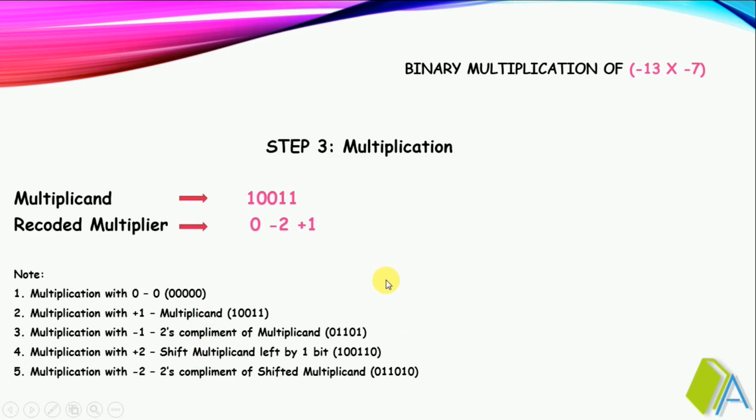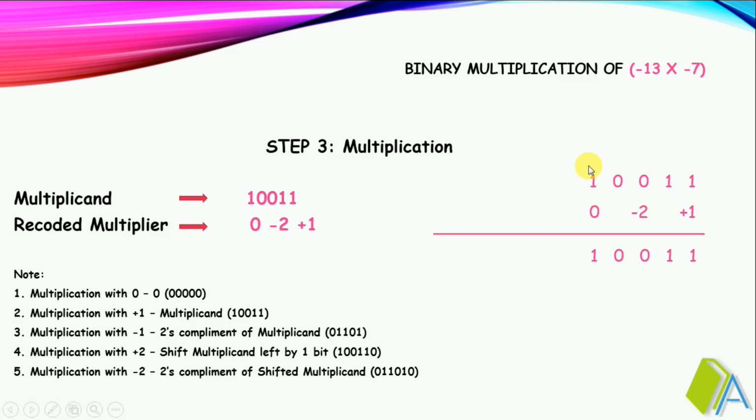Now we can see the steps of multiplication. I have to multiply with plus 1, so it results in the multiplicand as it is. As per the multiplication rule, if you are multiplying m-bit and n-bit multiplicand and multiplier, the product will have m plus n bits.